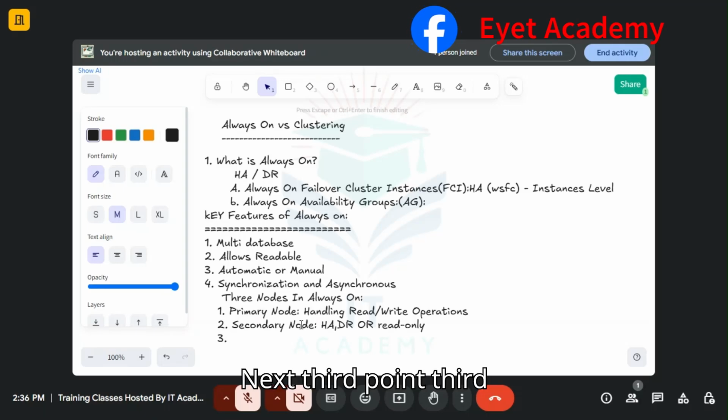Next, third point, the third node. It is optional.